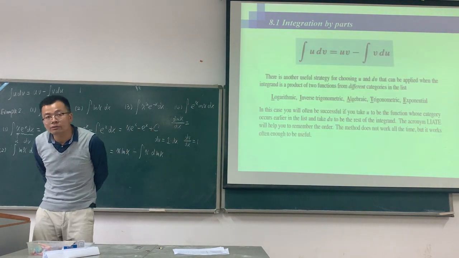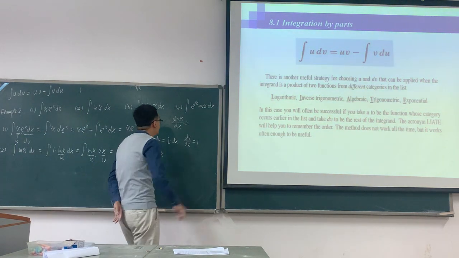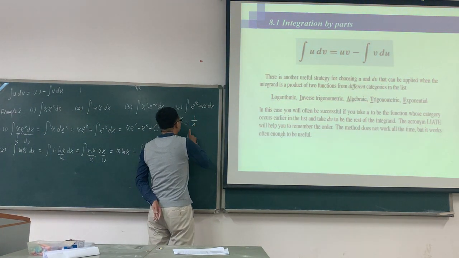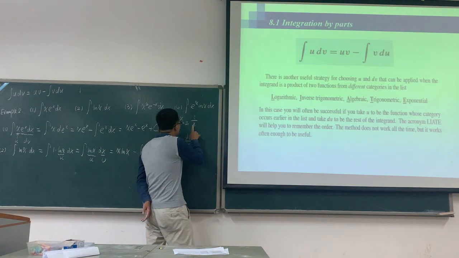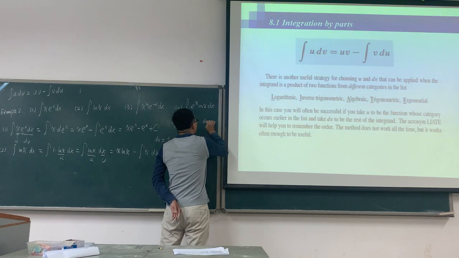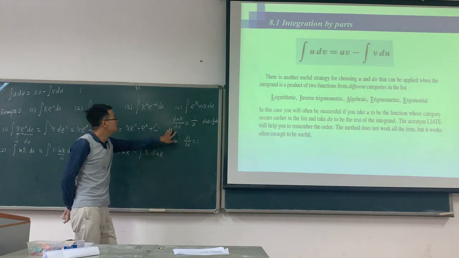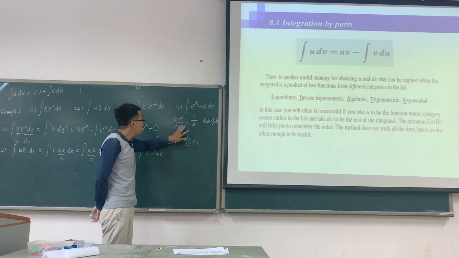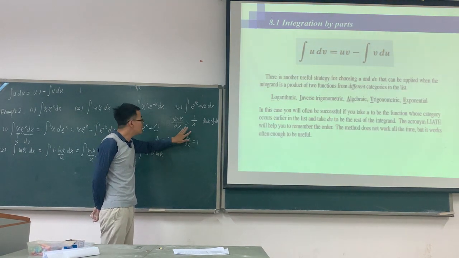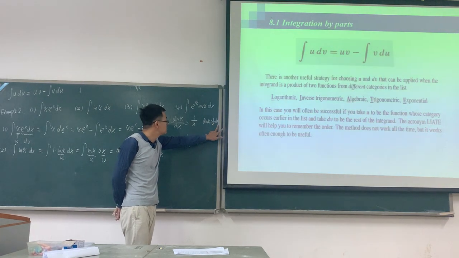The derivative of ln x is 1 by x. So we multiply dx on both sides, and d(ln x) equals 1 by x dx.